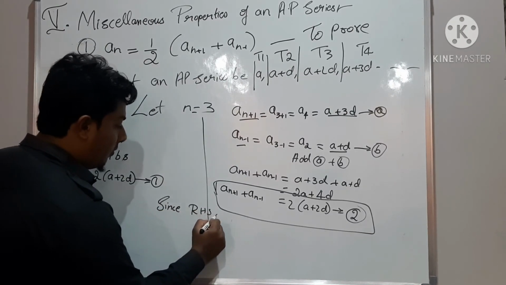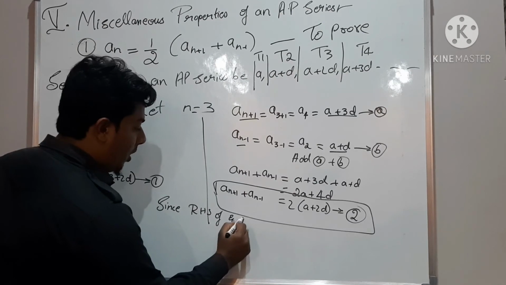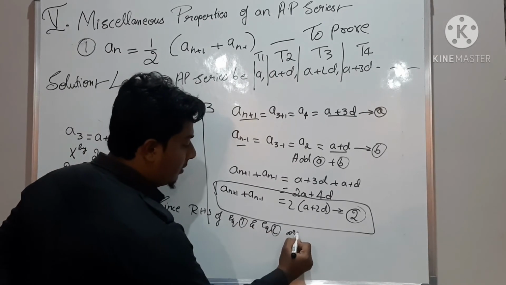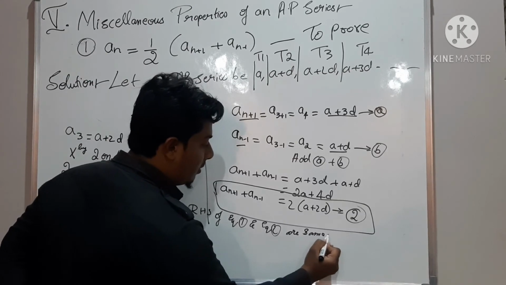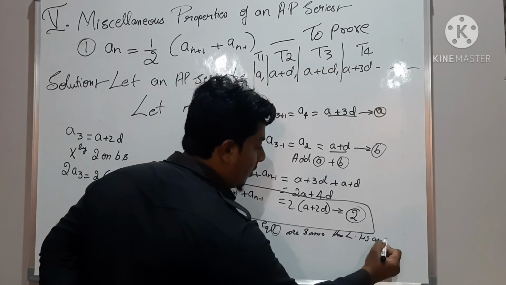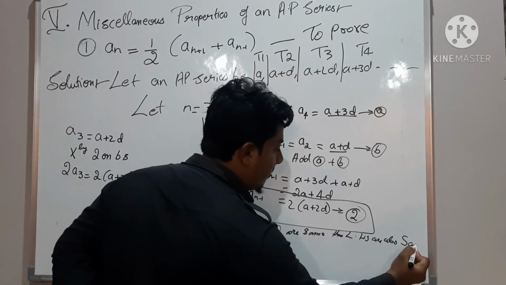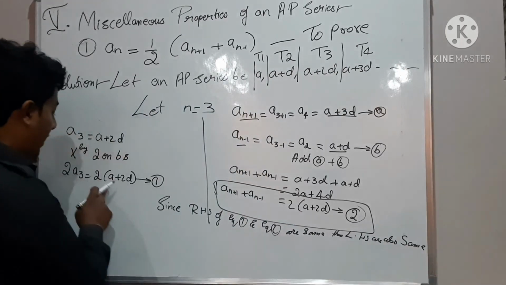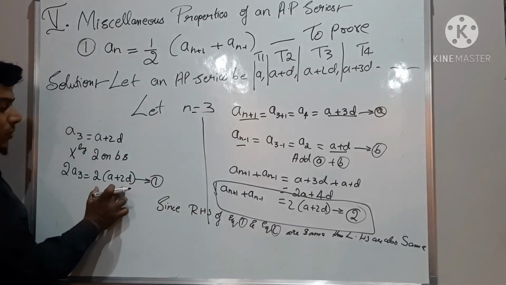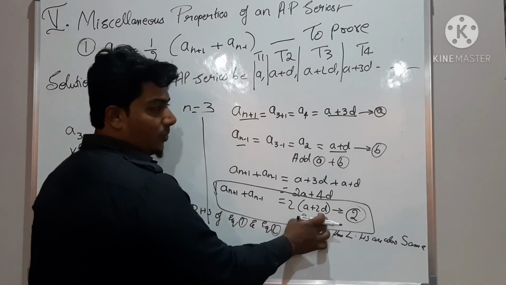Since the RHS of equation 1 and equation 2 are the same, the LHS are also the same. That is, 2 times A plus 2D equals 2 times A plus 2D. The RHS of equation 1 is equal to the RHS of equation 2.